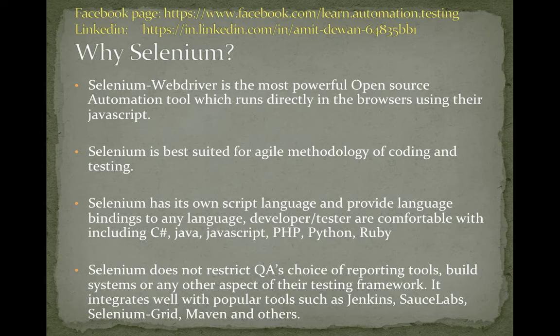Lastly, Selenium does not restrict the QA's choice of reporting tools or build systems or any other aspects of the testing framework. It means that it is easily integrable with build tools, CI tools, reporting tools, etc.